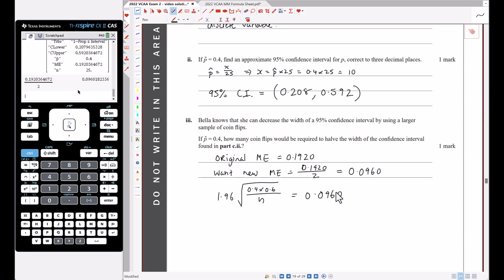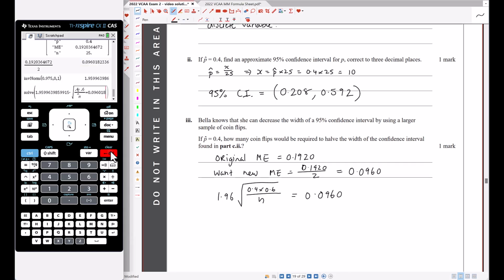Now I'm going to get that 1.96 nice and exactly, so menu 55, inverse normal, 0.975. Okay, there's the 1.96 exactly. So now I am solving that times the square root of 0.4 times 0.6 over n equal to this margin of error.